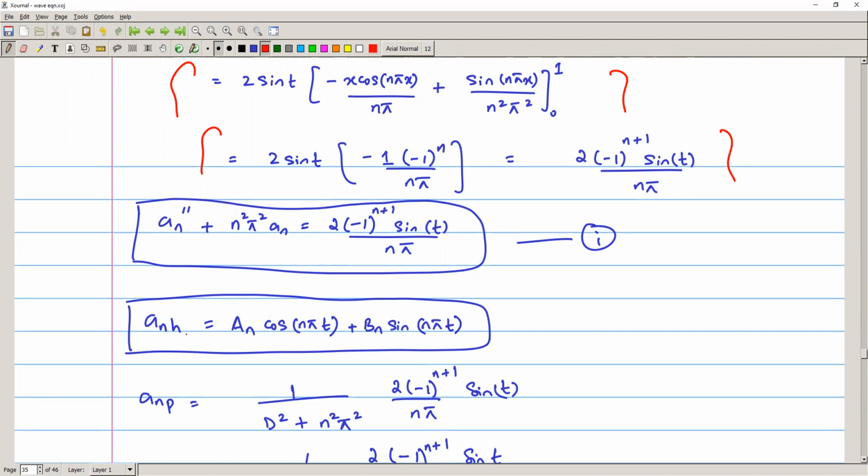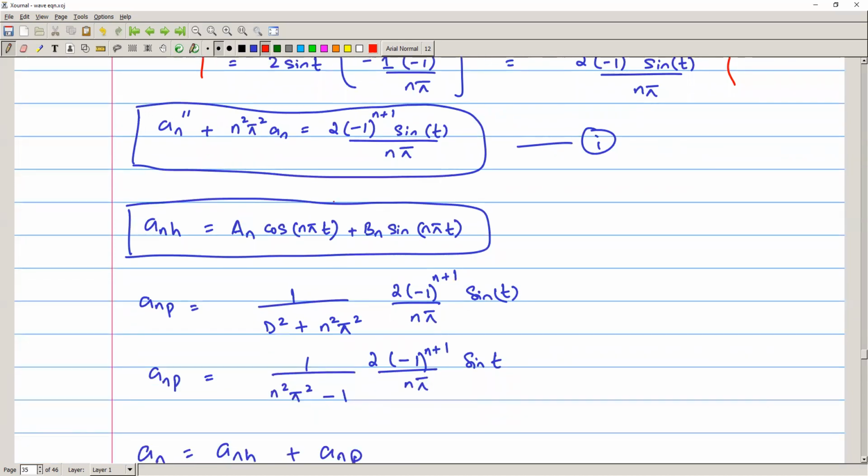Therefore, we will have a particular solution and a homogeneous solution, and we will use the superposition principle. The homogeneous equation gives a_n double prime equal to negative n squared pi squared a_n.